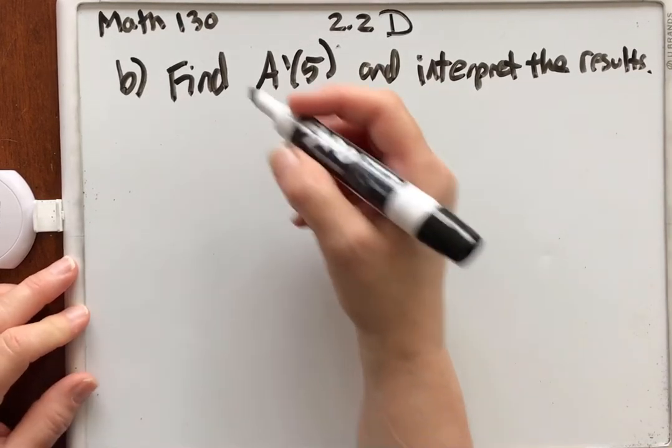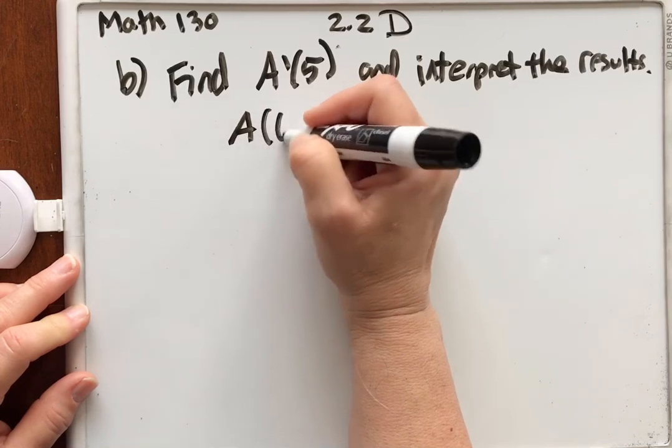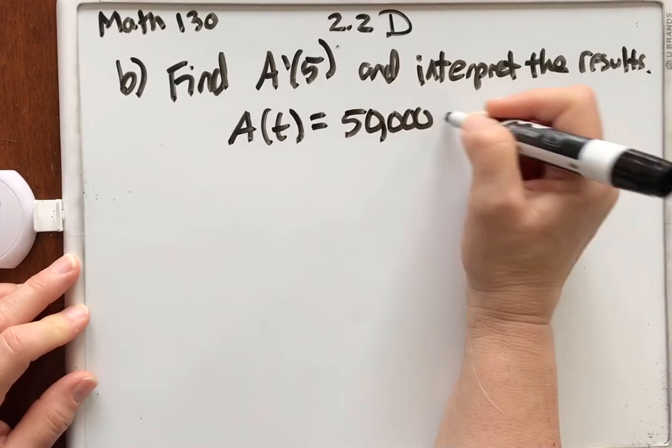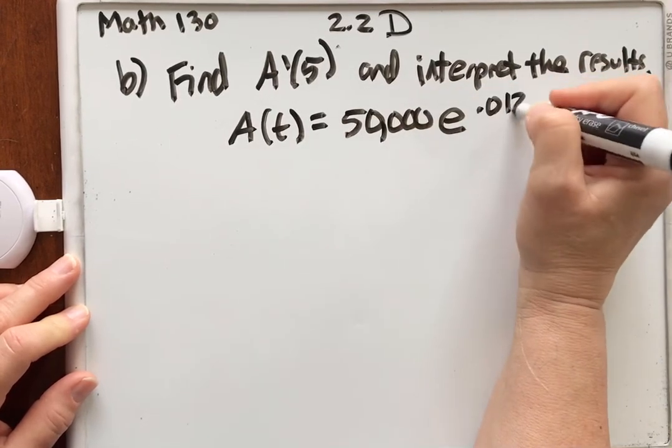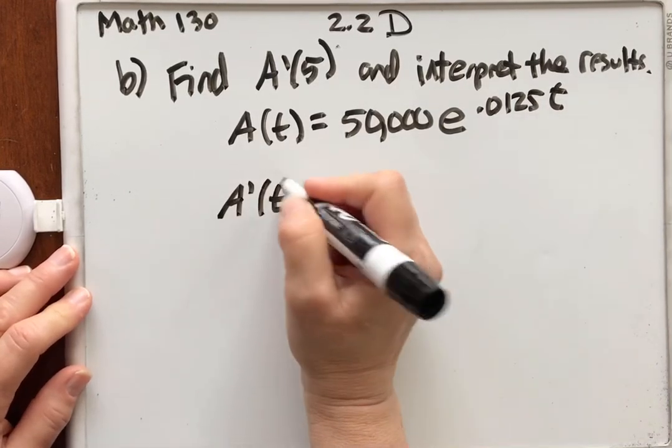I just erased it, but we said A of t was 50,000 e to the 0.0125t. So A prime of t.